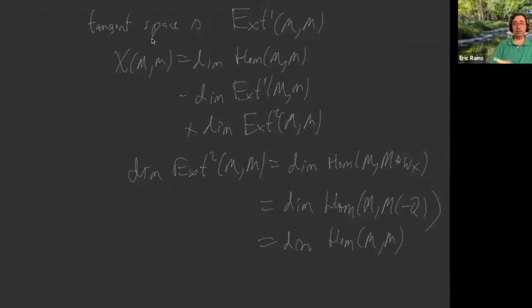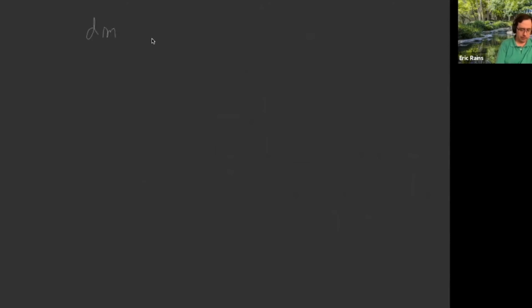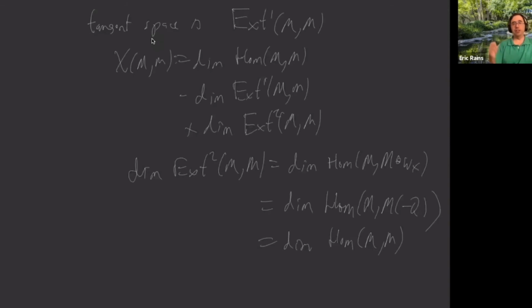And so we see that the dimension of the tangent space, at least, and then we have to worry about whether things are smooth, is twice the dimension of the endomorphism ring minus the Euler characteristic. Actually, this is the definition of the Euler characteristic for M. This is something called the Mukai pairing in general.